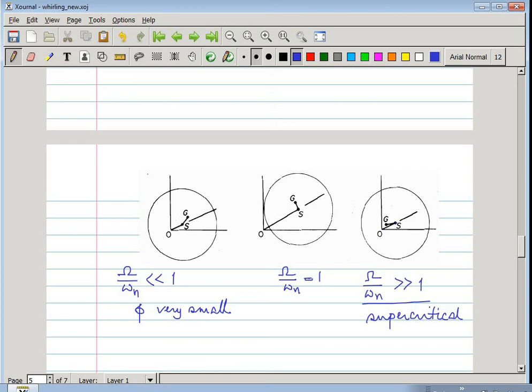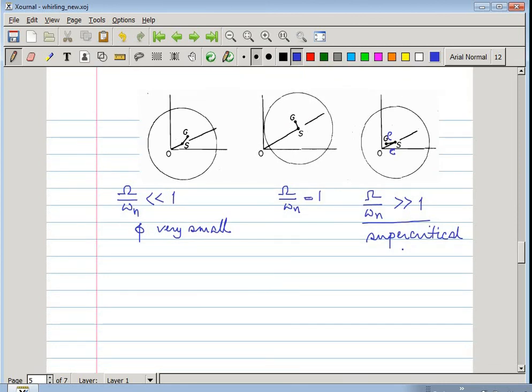So OS itself has to be equal to E, and E being small, OS is also small. So at supercritical speeds, the deformation of rotors or discs is very small, and this we call self-balancing.